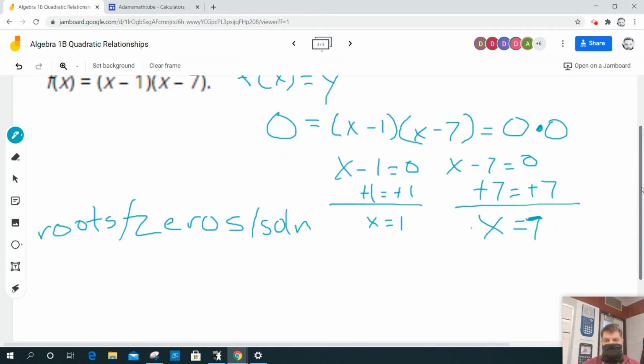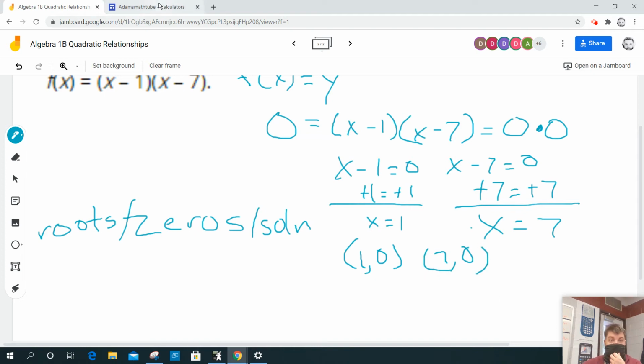But anyways, this is the answer, x equals 1, x equals 7. What that means is when I graph this, it's going to cross the x-axis at (1, 0) and (7, 0).